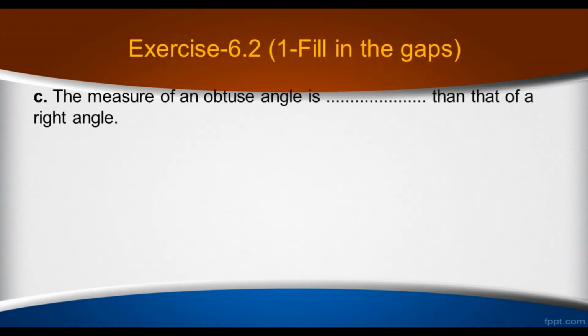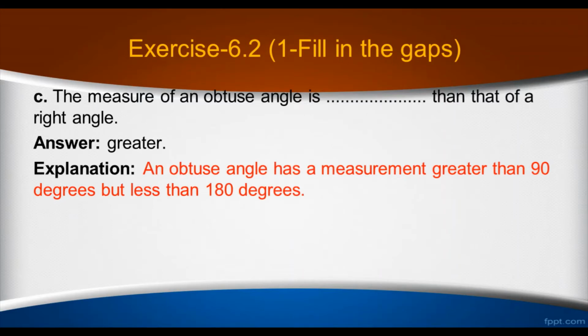Now question number C, the measure of an obtuse angle is dash than that of a right angle. The answer will be, my dear, greater. Yes, the measure of an obtuse angle is greater than that of a right angle. And this is the explanation, my dear. An obtuse angle has a measurement greater than 90 degrees but less than 180 degrees.